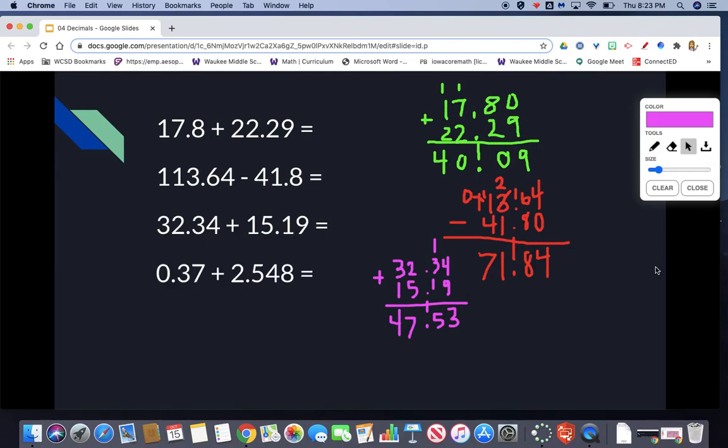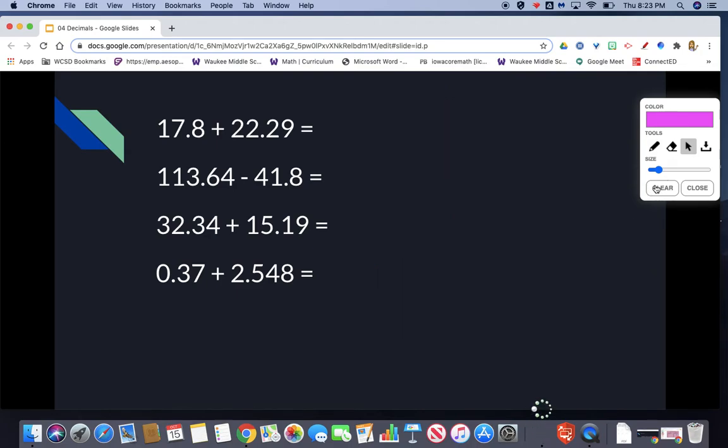A few more. 37 hundredths plus 2 and 548 thousandths. Line up your decimals, paying close attention to that, making sure they're lined up. It's okay if your numbers don't line up. Remember, you can always add in zeros as place fillers, place value holders.